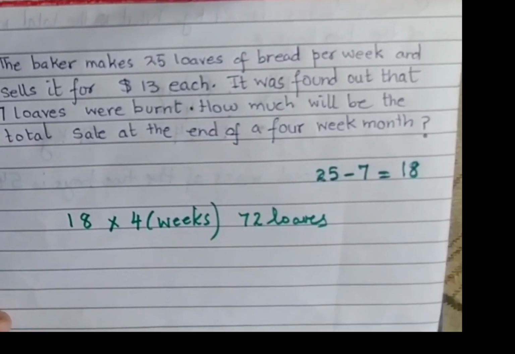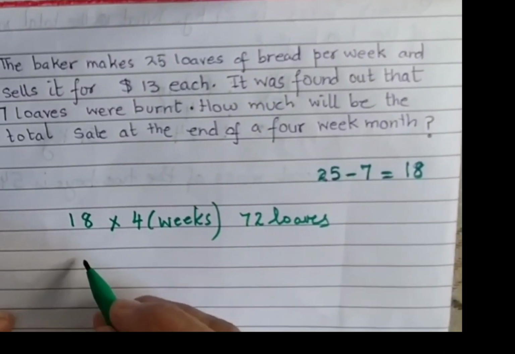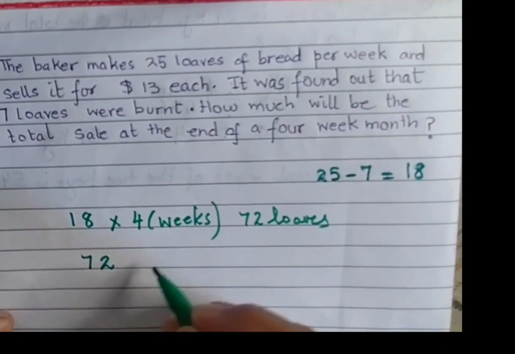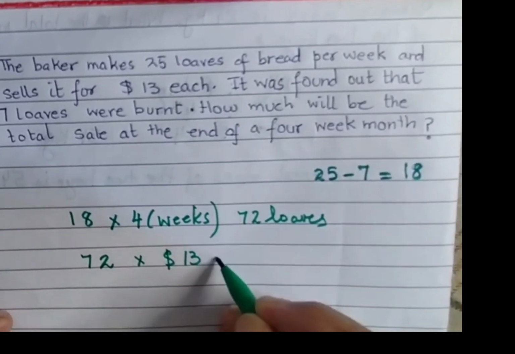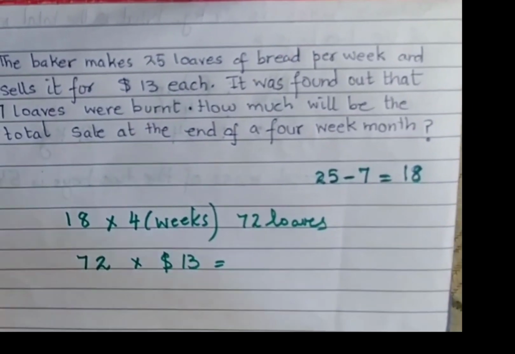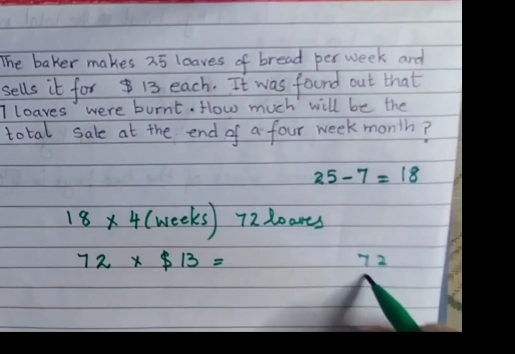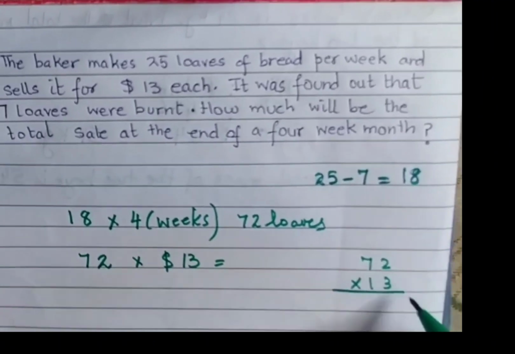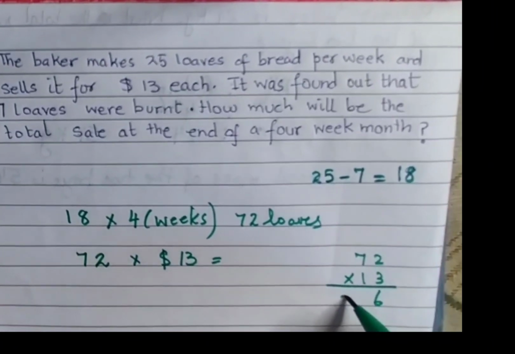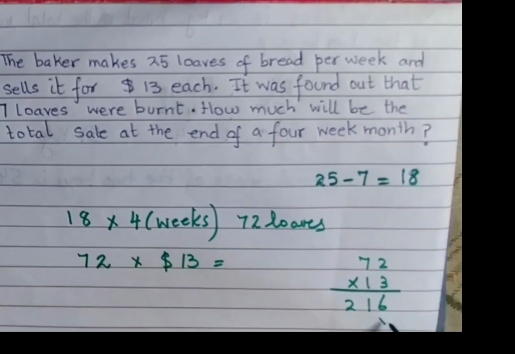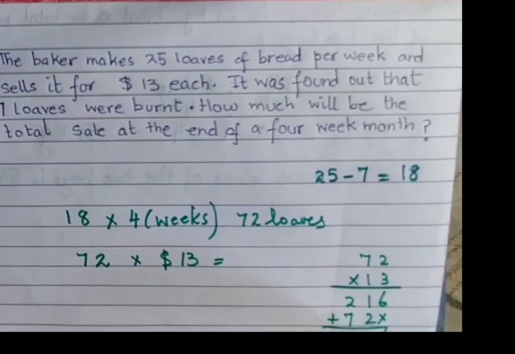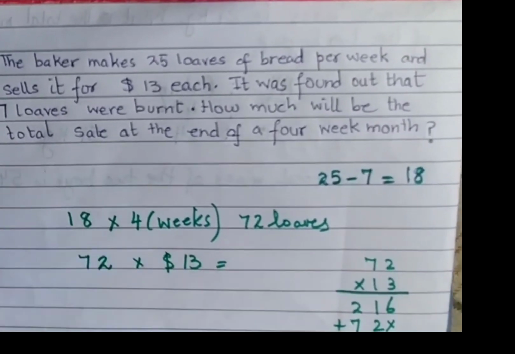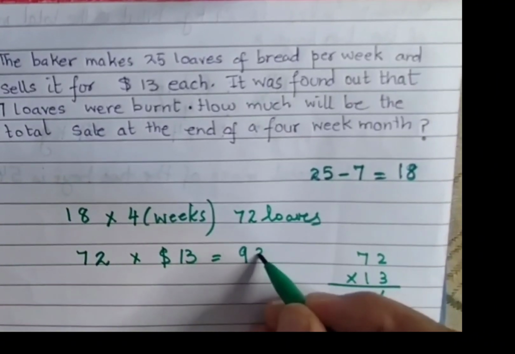So how much is one loaf of bread? 72 loaves of bread multiplied by $13. Let's do the working. 72 multiplied by 13. 3 2s are 6, 3 7s are 21. Alright, 1 2s are 2, 1 7s are 7. 6 3 9. $936.